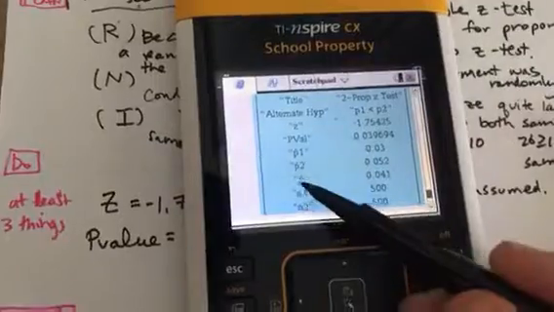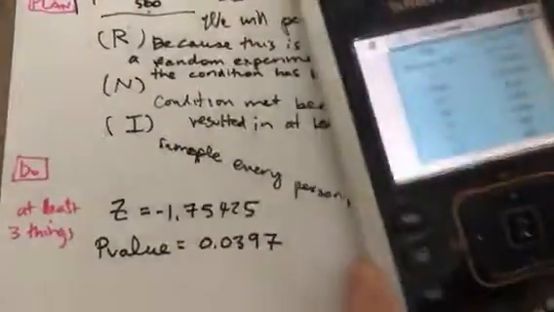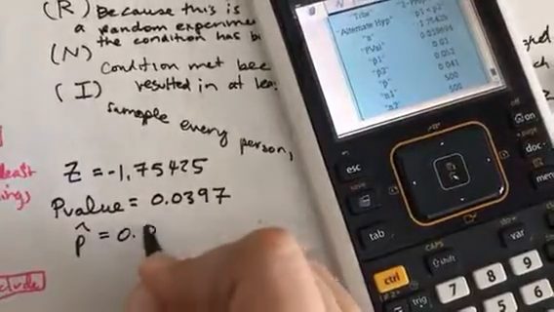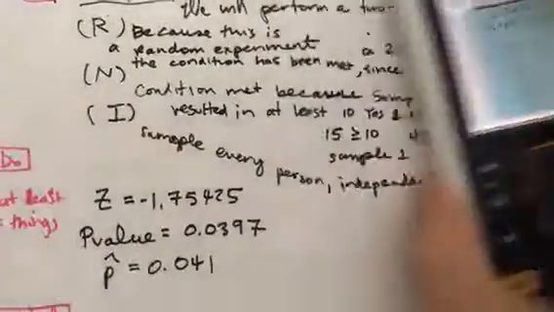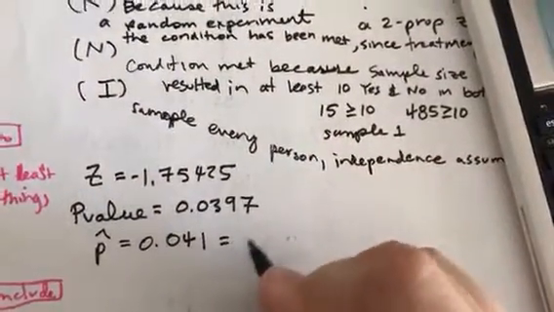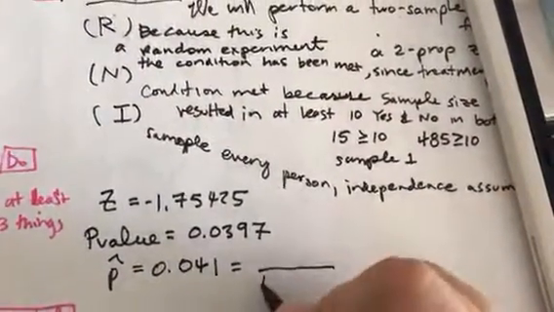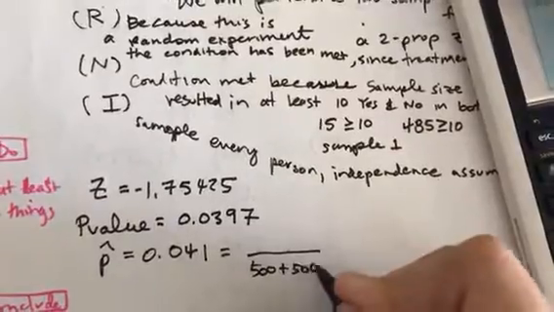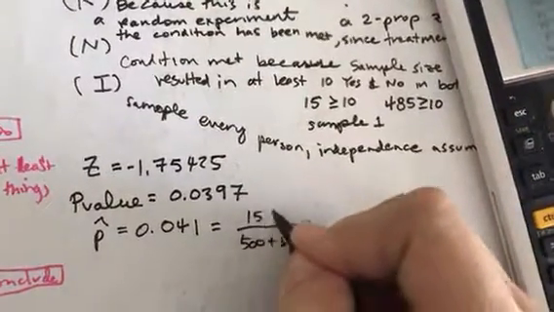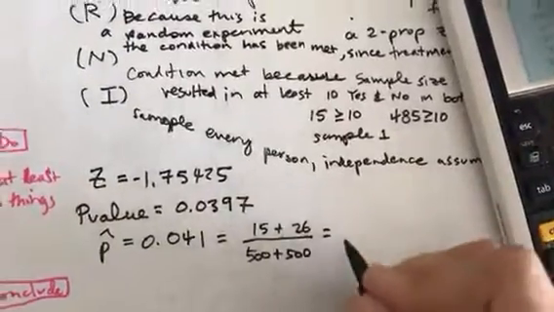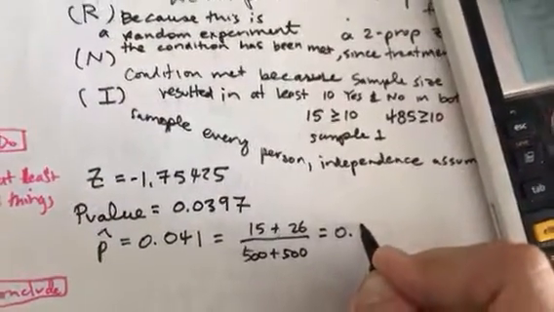Now this is the pooled p-hat. I'm going to go ahead and add that. I can show you how to calculate that, but the calculator calculated it anyway. That's if you thought about everybody all at once. So that's like what would happen if I took everybody, right? And then I added up everybody in the sample that got cancer. And that's where this 41 came from.